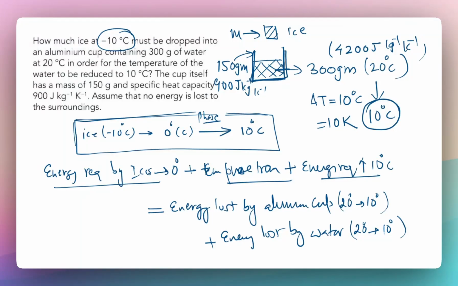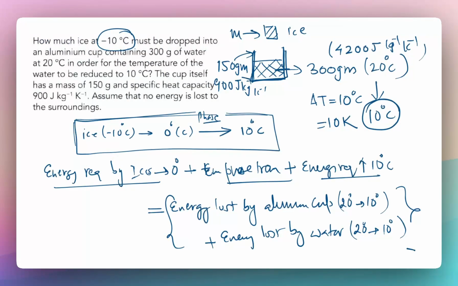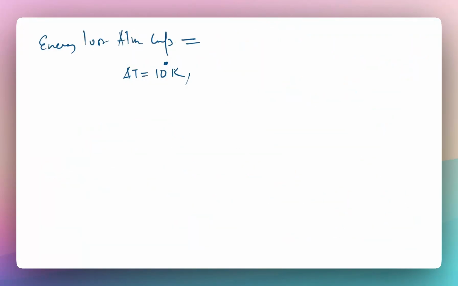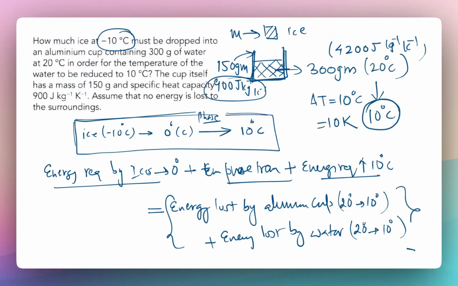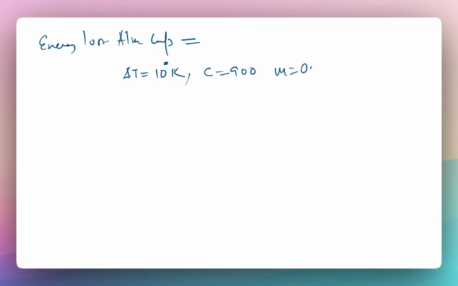So let's start by calculating the heat, or the loss of energy, on the right hand side. So we start from there. The energy lost by the aluminum cup: our delta T here is 10 Kelvin simply, the specific heat capacity for aluminum is given to be 900, so C is 900, I'm just not writing the units, and the mass is 150 grams, so m is 0.150.